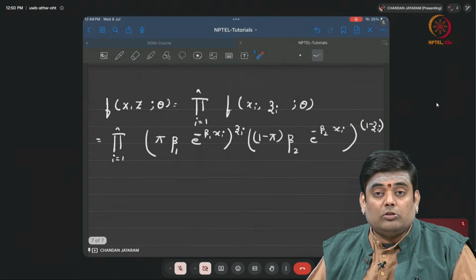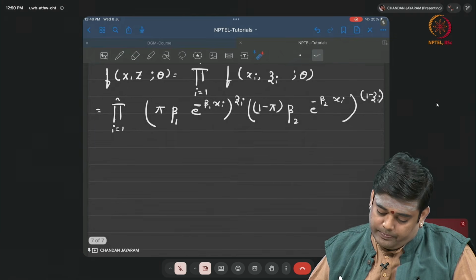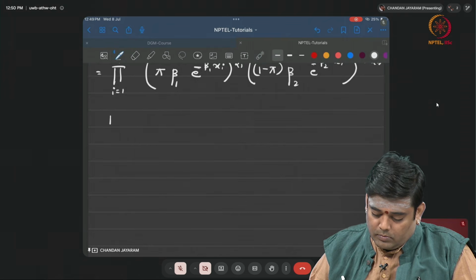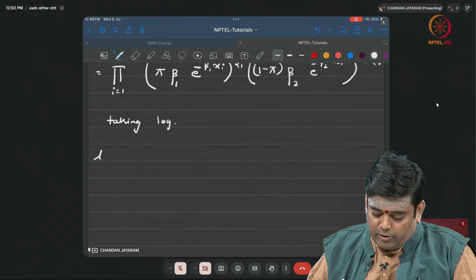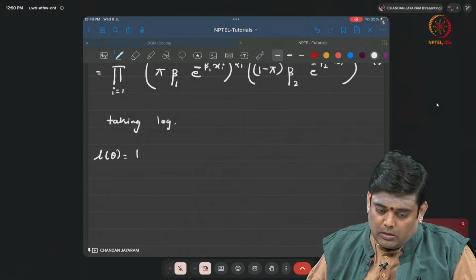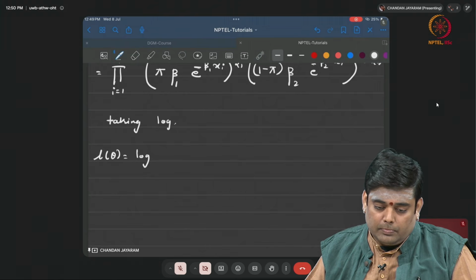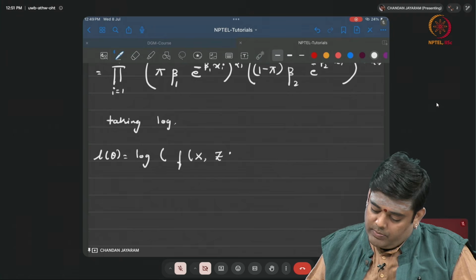Now this is the complete data density. Now you take the log. Taking log, L of theta is log of f of x, z parameterized by theta.